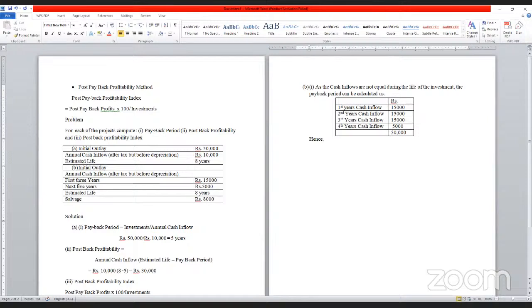Hence, how many years will be the payback period? Total investment 50,000, so you'll get the payback period as 4 years.